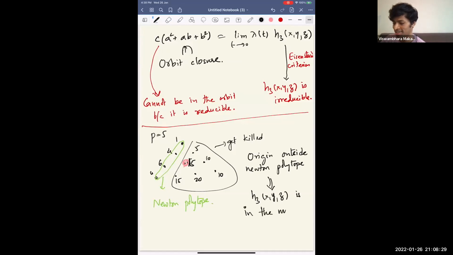It's very hard to guess this, that in characteristic 5, the complete homogeneous symmetric polynomial is in the null cone, which all this really means is that the origin is in the orbit closure. Which, by the way, from this you can actually figure out what that one parameter subgroup is, apply it and check that you have a sequence of elements that actually takes you all the way down to 0 in the orbit.